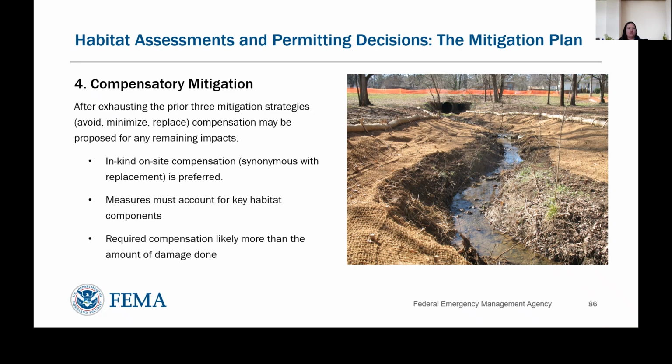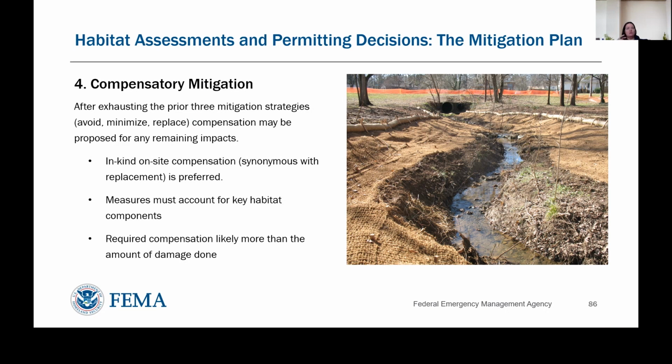And this applies both to compensatory mitigation and to repair and replace, what we just talked about before. So what's required for a lost function is likely going to be more than the amount of damage done. And if you think about it this way, a fully grown-in patch of wetland or riparian vegetation, if you remove that and replant it, it is going to be years before that is grown in and functioning at the same level as what was there before.